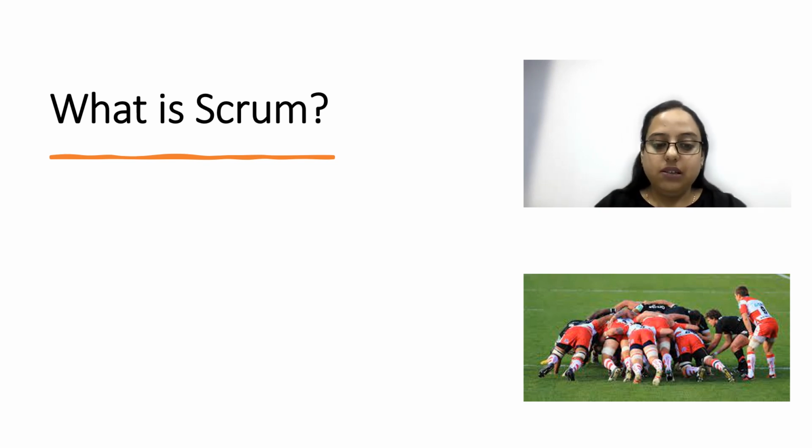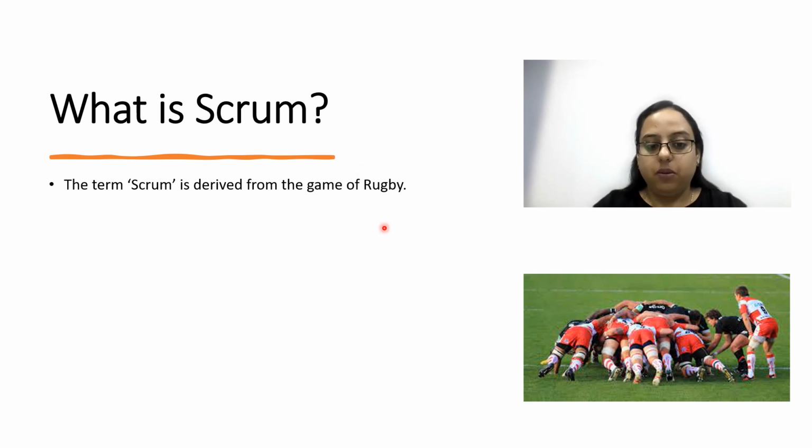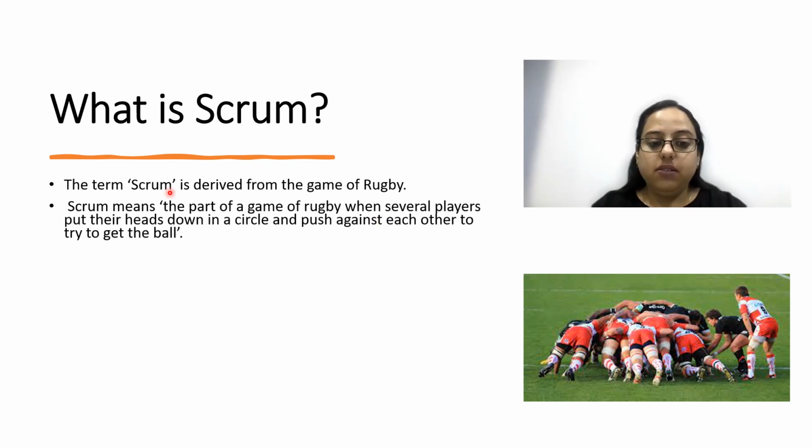So as you can see here on the picture at the bottom right of my screen, this is taken from the game of rugby. So the term Scrum is actually coming from the game of rugby, wherein it means that when several players come together, they put their heads down in a circle and push against each other to try to get to the ball.